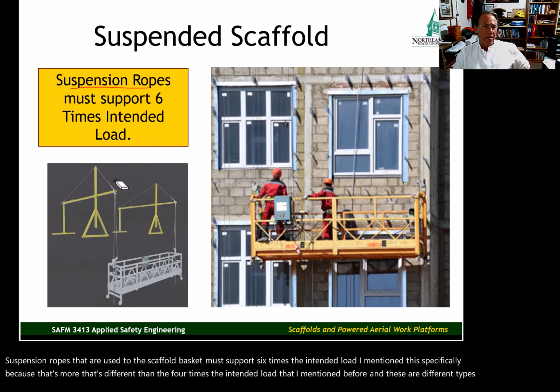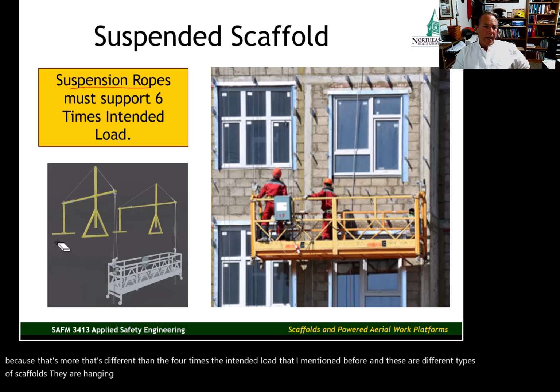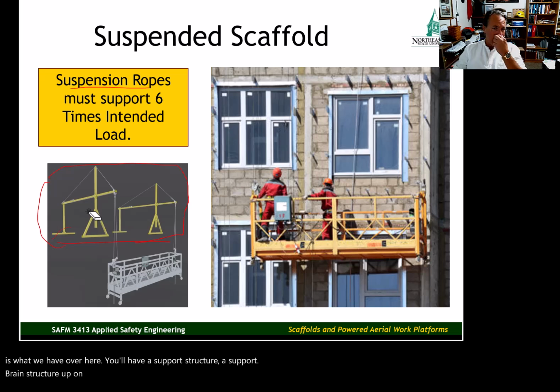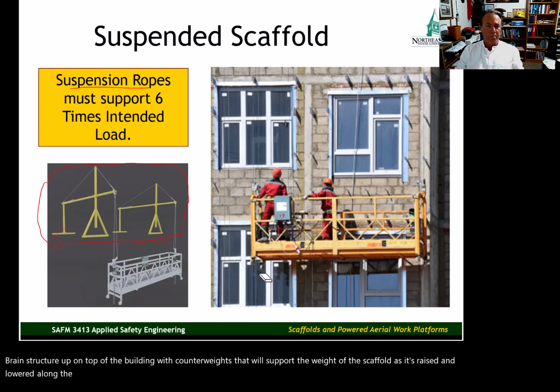They are hanging from supports. A typical support system that you might see with a suspended scaffold is what we have over here. You'll have a support frame structure up on top of the building with counterweights that will support the weight of the scaffold as it's raised and lowered along the side of the structure.